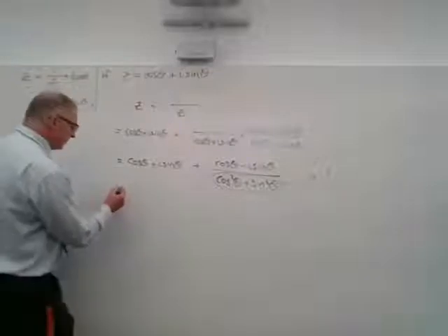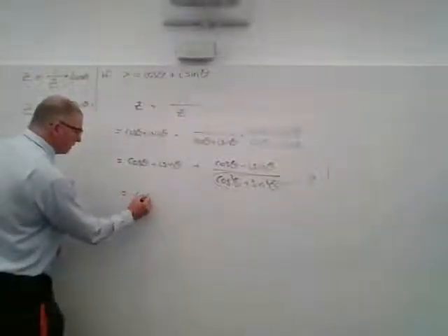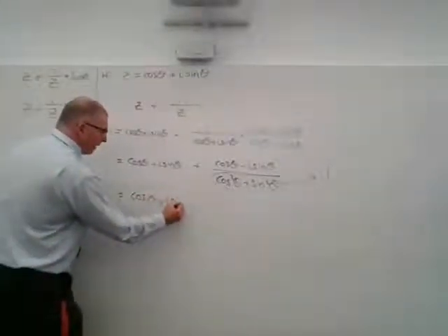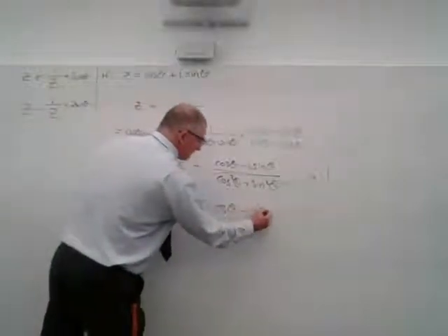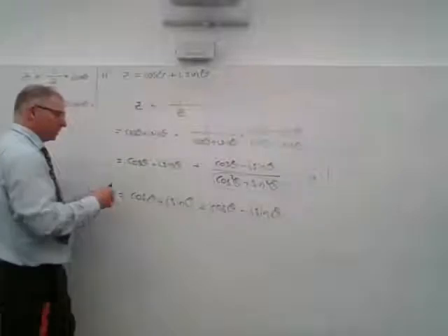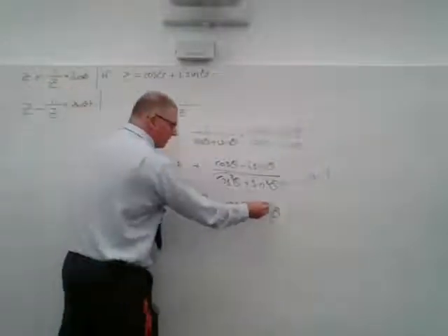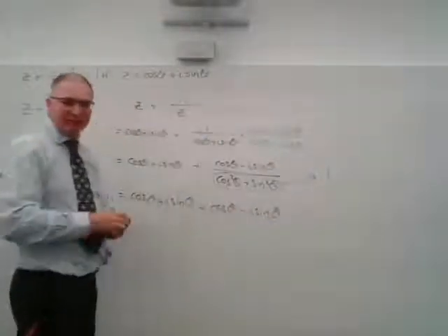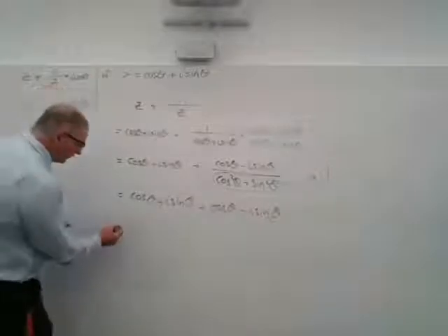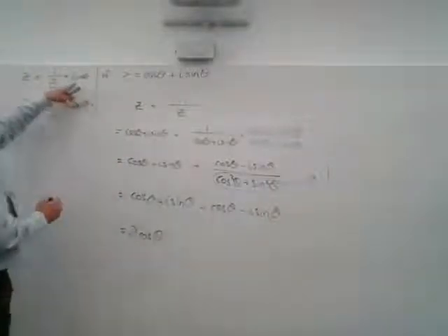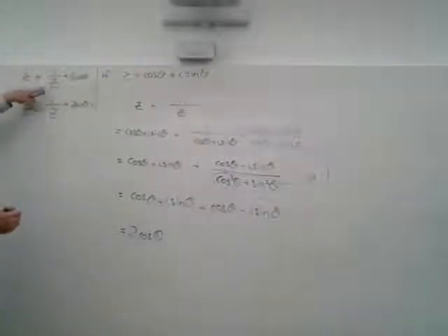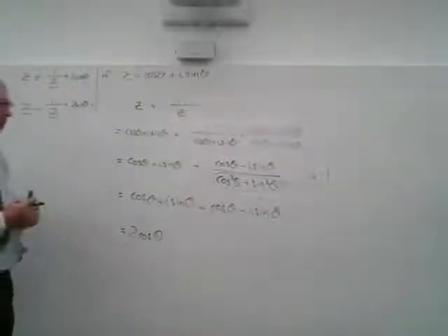So basically the denominator disappeared, and my i sine thetas, one's positive, one's negative, they cancel, leaving me with 2 cos theta, which is what I said up the top. z plus 1 on z is 2 cos theta.